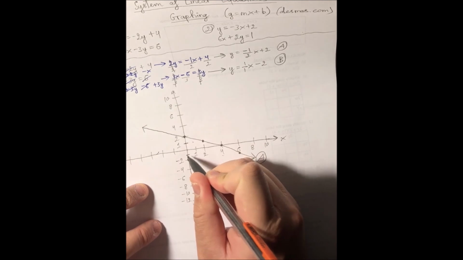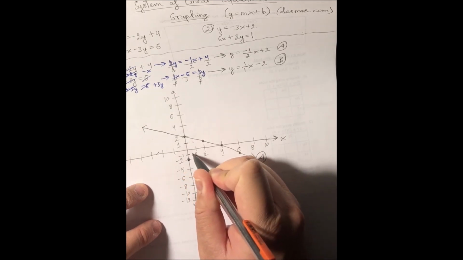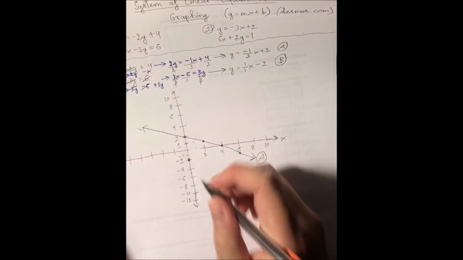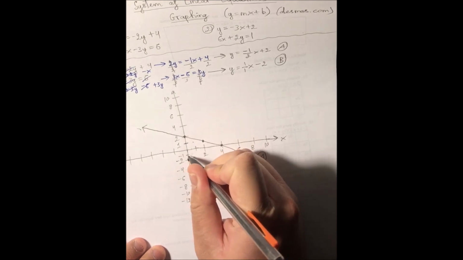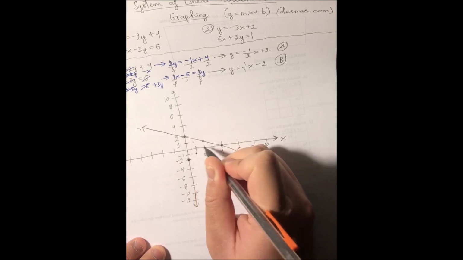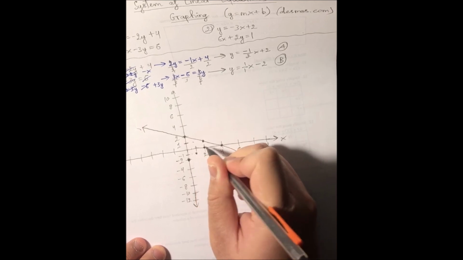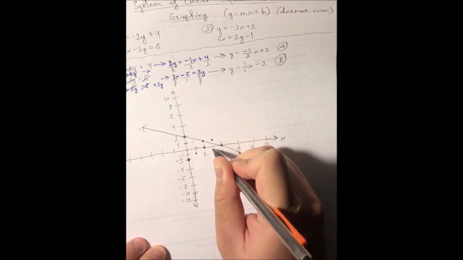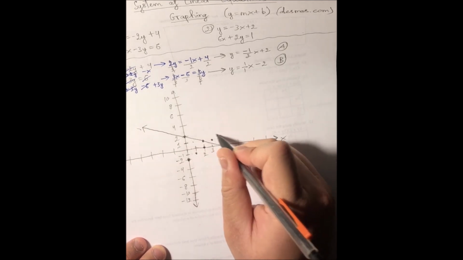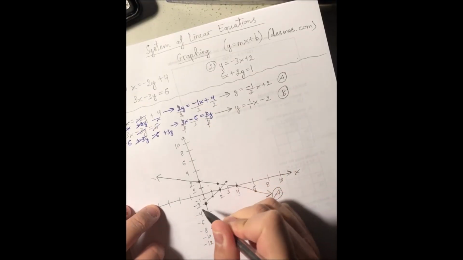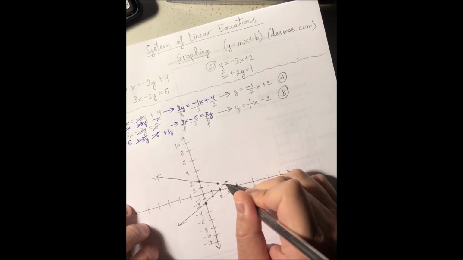So you go up 1, and then to the right 1, right there. Go up 1, to the right 1, right there. Go up 1, and then to the right 1. If you keep going, you sketch out a second straight line, like that, right?